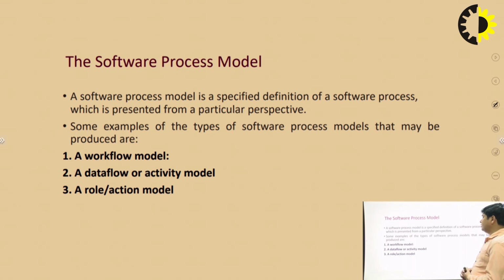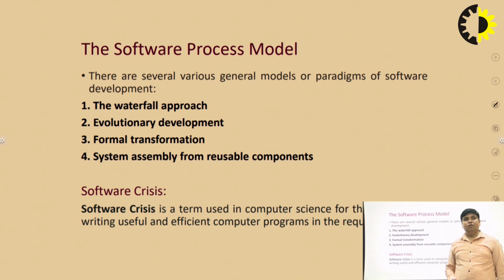Some examples of the types of software process models that may be produced are a workflow model, a data flow or activity model, and a role action model. Basically, there are various general models or paradigms of software development: waterfall approach, evolutionary development, formal transformation, and system assembly from reusable components.